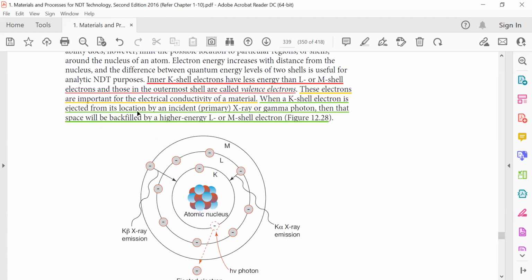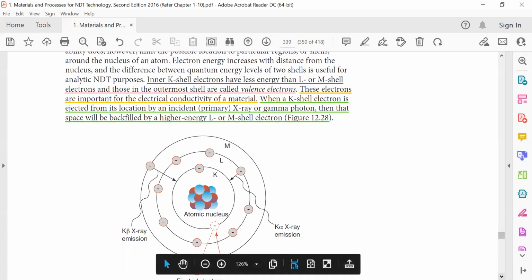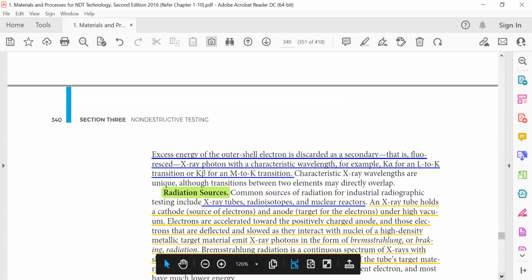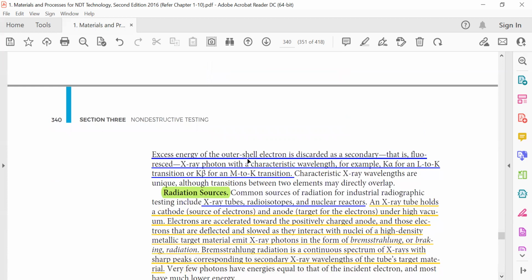When a K shell electron is ejected from its location by an incident X-ray or gamma photon, that space will be backfilled by a higher energy L or M shell electron. The excess energy of the outer shell electron is discarded as a secondary, that is fluorescent, X-ray photon with a characteristic wavelength.